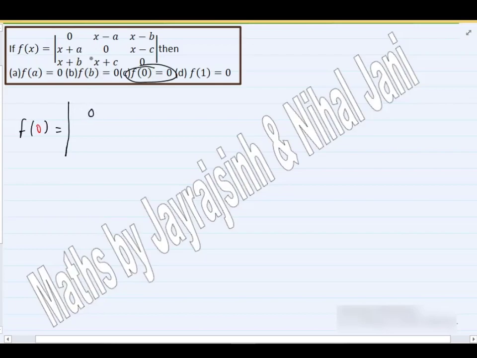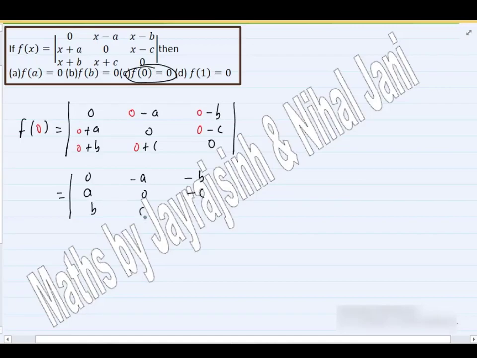So here we'll get 0, then 0 minus A, 0 minus B, 0 plus A, 0 and 0 minus C, 0 plus B, 0 plus C and 0, right? Or we can simplify this as 0, minus A, minus B, A, 0, minus C, and B, C, 0, right?